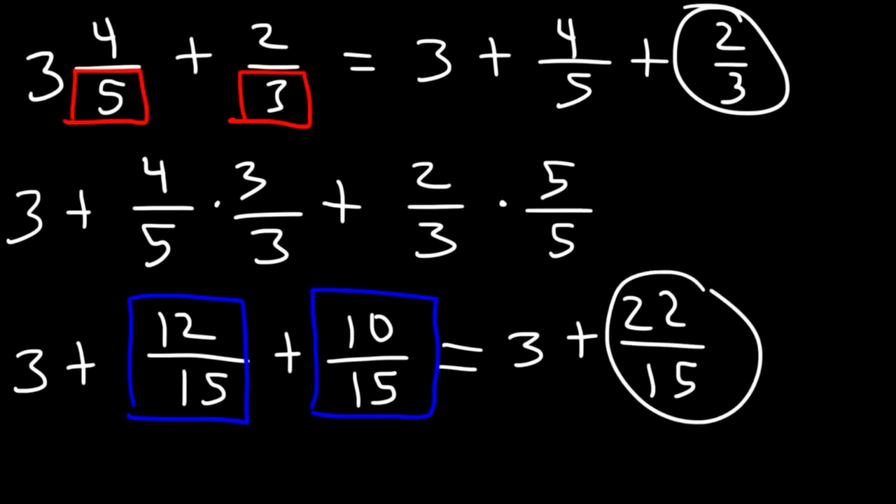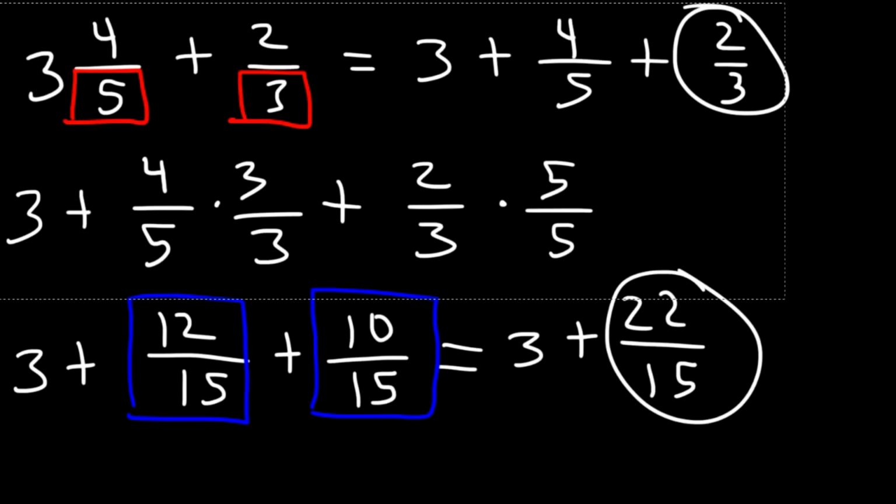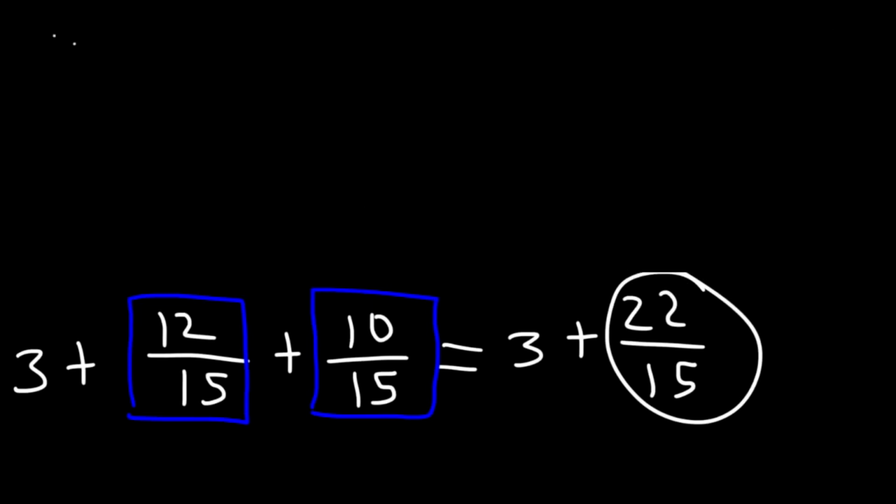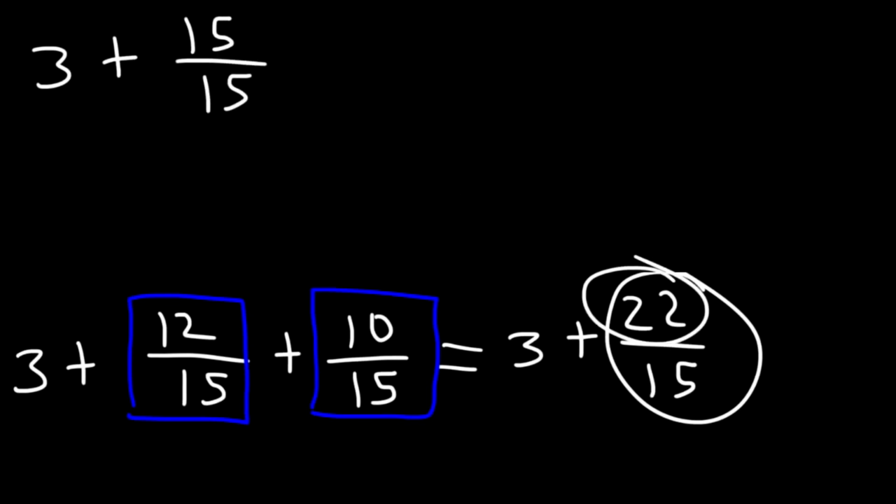Now I have an improper fraction, so I need to do something about that. So let's decompose the improper fraction into two smaller fractions, one of which is going to be 15 over 15. 22 minus 15 is 7. So the missing fraction is going to be 7 over 15.